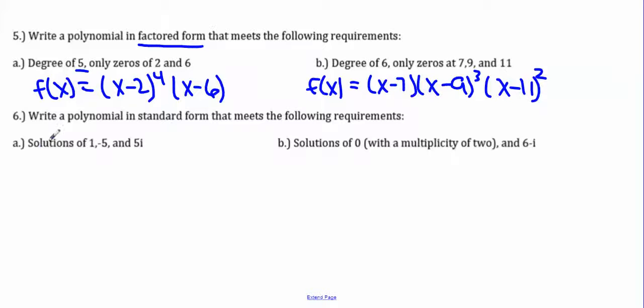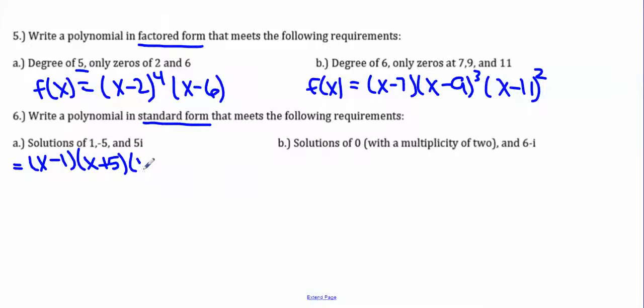Last question on page 2. Write a polynomial in standard form, so that means we're going to multiply it out, that meets the following requirements. Solutions of 1, so that means it has a factor of x minus 1. X plus 5, so the factor is x plus 5, and 5i.